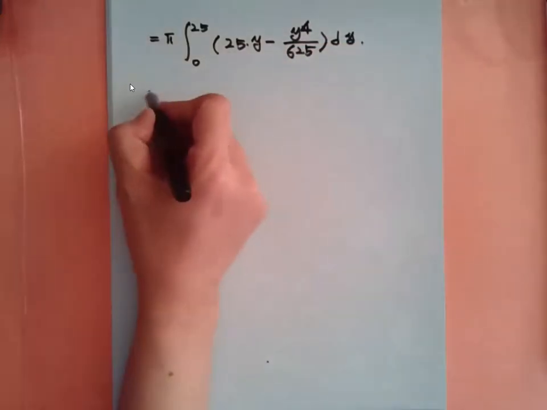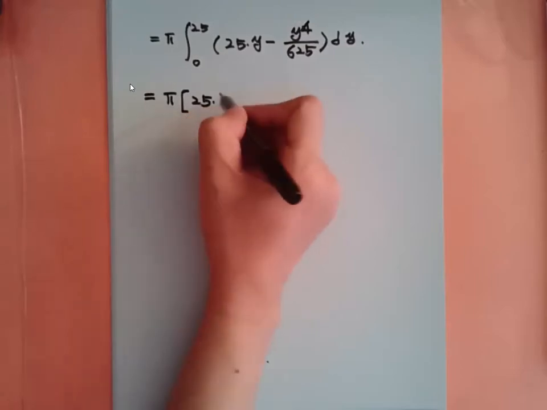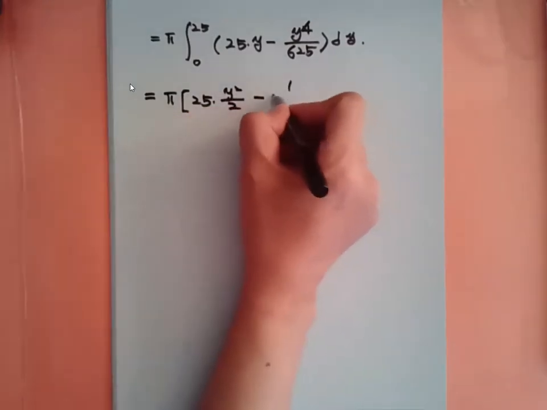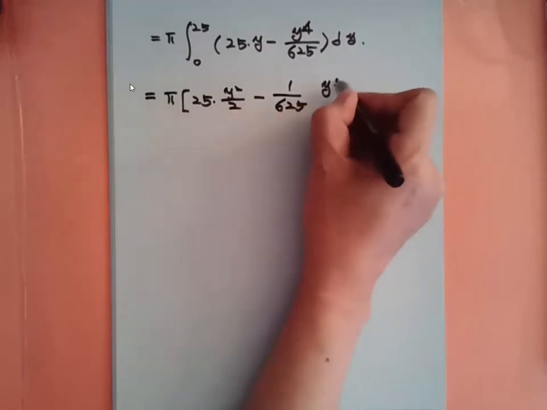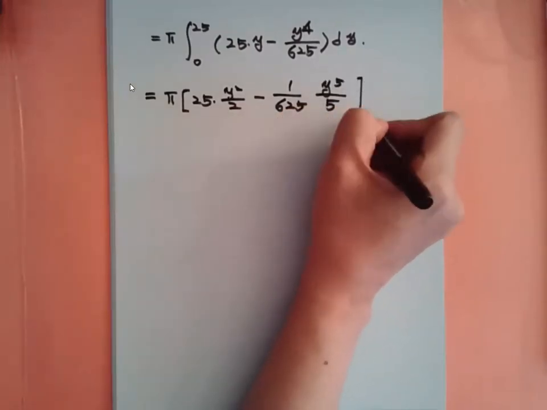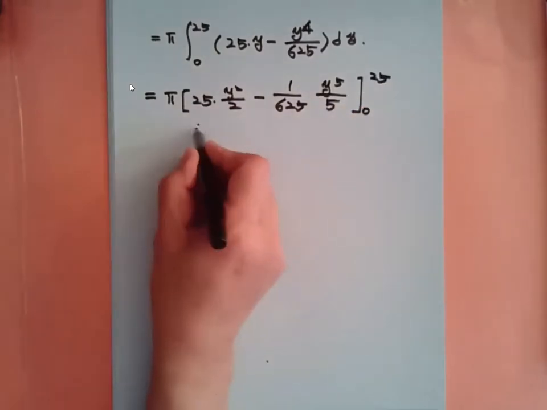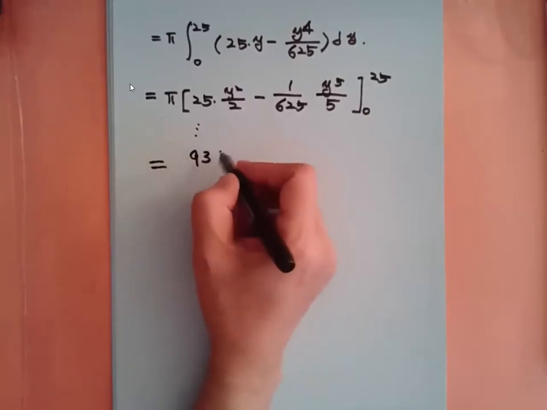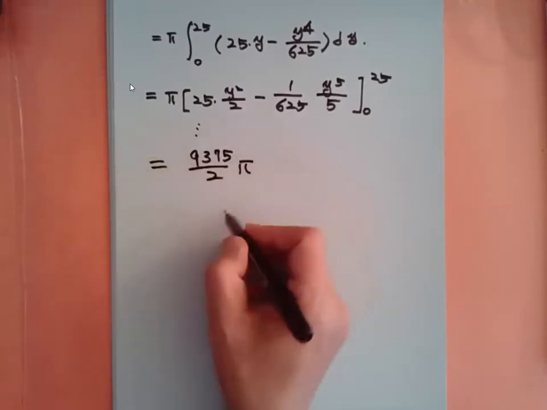And then we integrate, so pi times 25 times y squared over 2 minus 1 over 625 times y to the fifth power over 5, from 0 to 25, and so on. And then you will get the same answer, 9,375 over 2 pi.